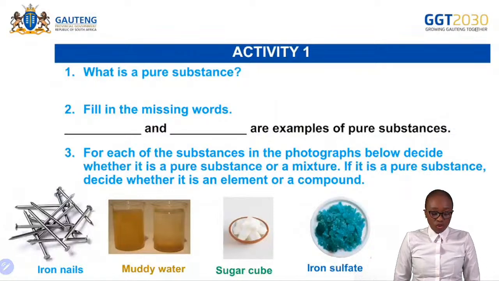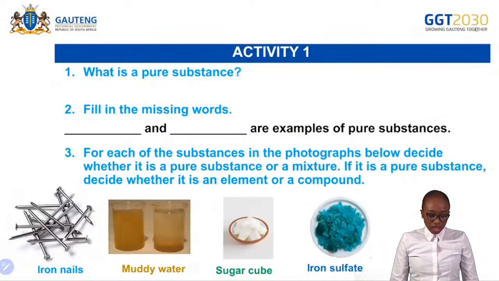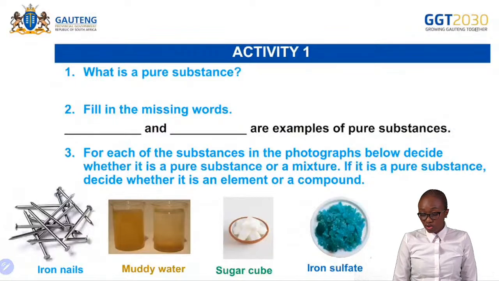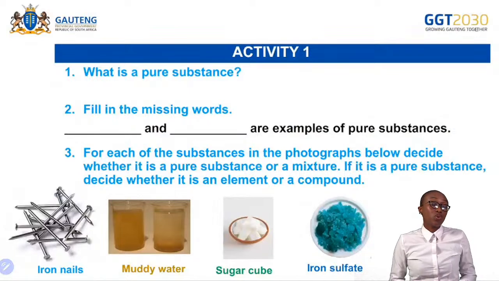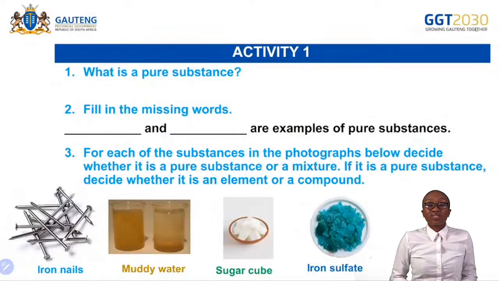And then the third question reads, for each of the substances in the photographs below, decide whether it is a pure substance or a mixture. If it is a pure substance, decide whether it is an element or a compound. Give yourself 5 minutes to answer these questions. Then after 5 minutes, we will go through the solutions together. See you after 5 minutes.